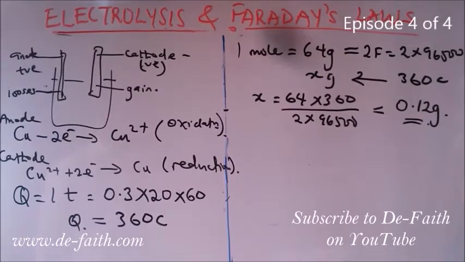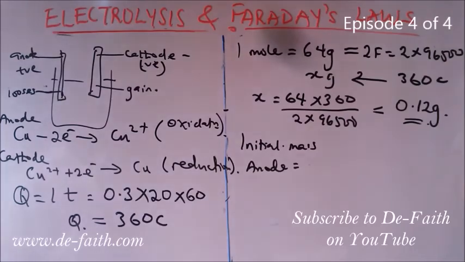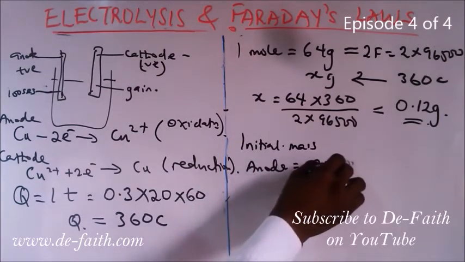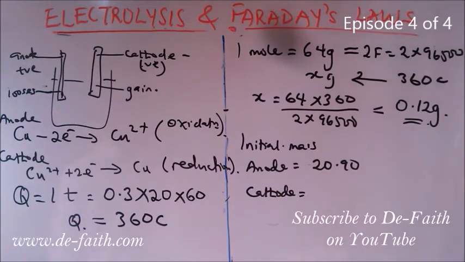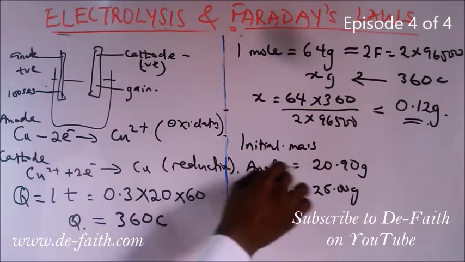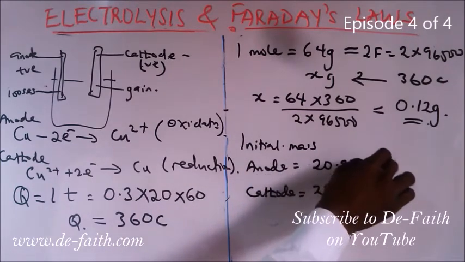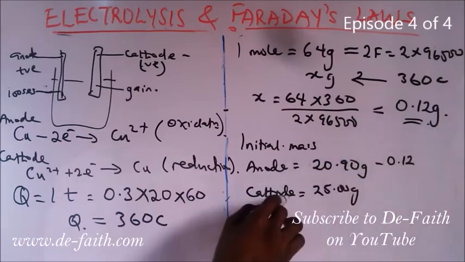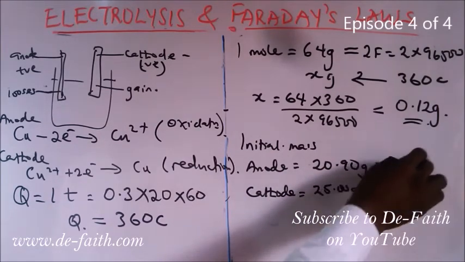And in this question, we're told that the initial mass at the anode equal to 20.90, while at the cathode, the initial mass was 25 grams. So if this is the case, we are saying there is a decrease of mass at the anode, which is minus 0.12, while there's an increase at the cathode, that is plus 0.12.